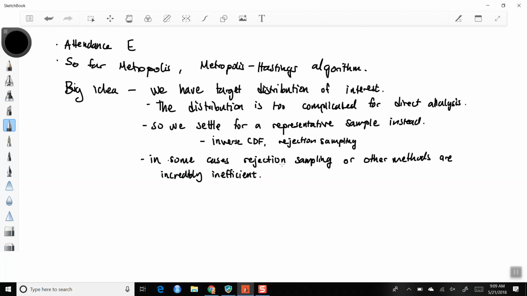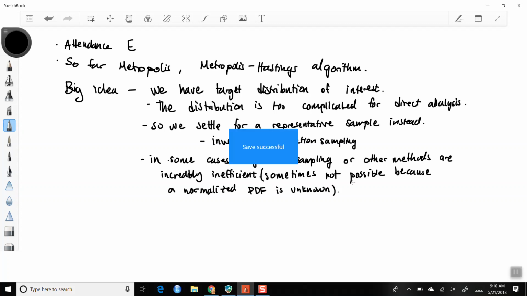Other methods are incredibly inefficient, sometimes not possible, because a normalized PDF, when I say normalized PDF, I mean a PDF that integrates to one, okay? And normalized PDF is unknown, right? So you might know the PDF, but not its normalizing constant, okay? And so in those cases, some of these methods that we've learned so far are no good, right?